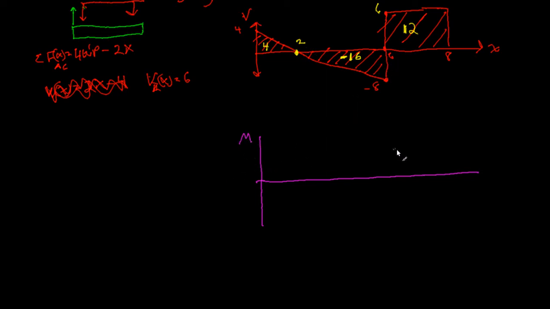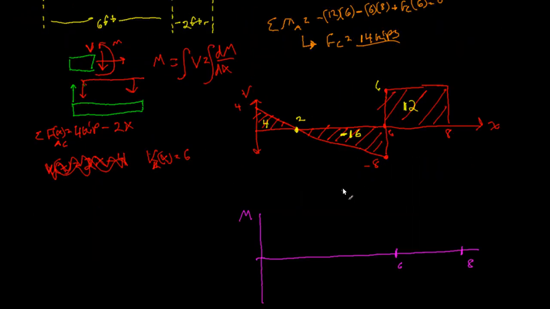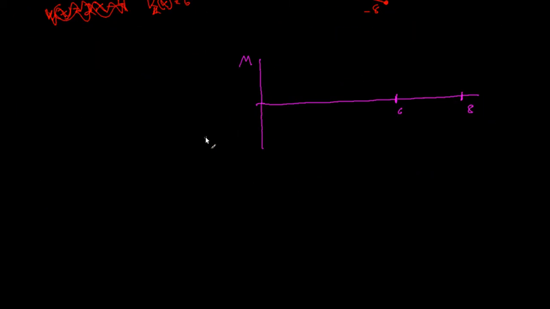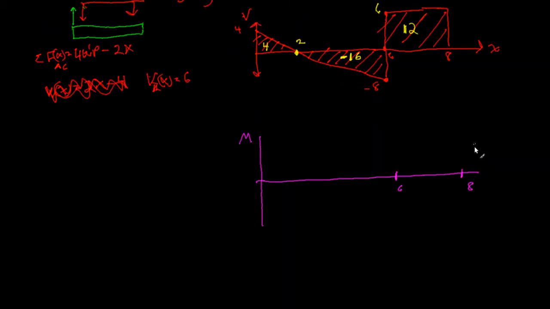And so I'll mark 6. And then it ends at 8. And since at the ends there's no moment, that has to be 0. So there's 0 at both ends. So we know that this ends at this 0 and begins at this 0.